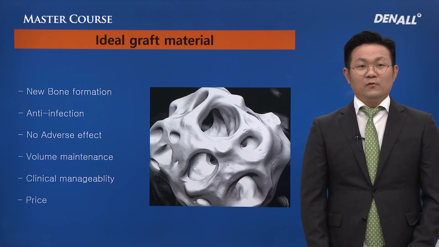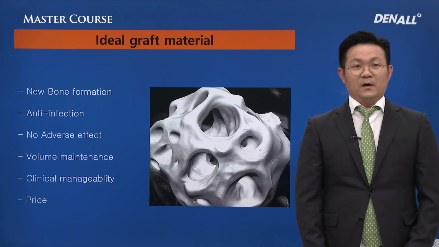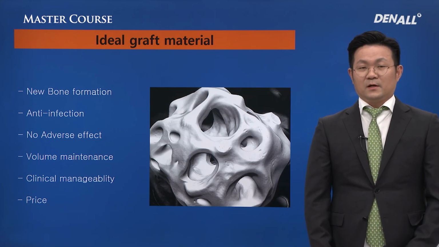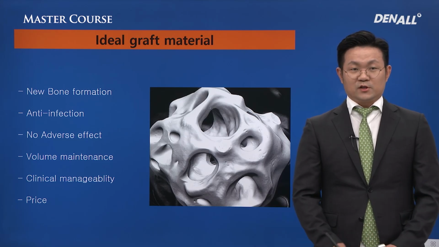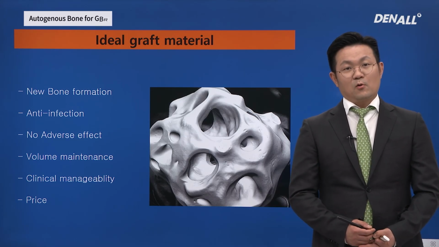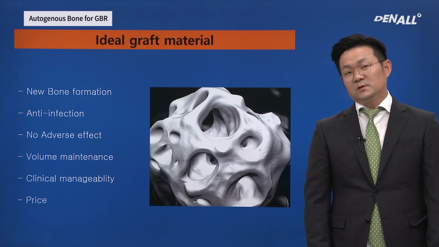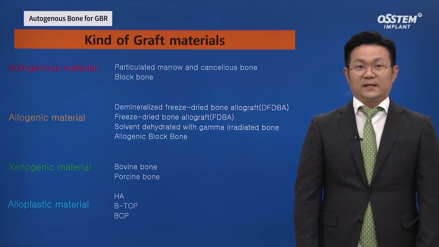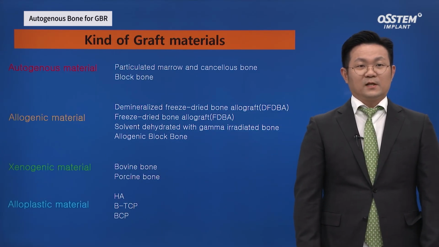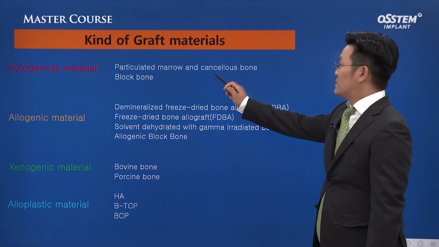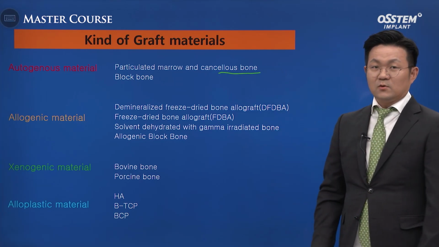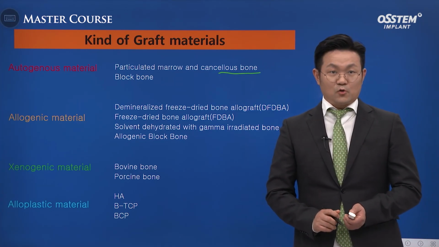Ideal bone materials should meet the conditions of new bone formation, anti-infection, no adverse effects, volume maintenance, clinical manageability, and good prices. There are many different types of materials. Autogenous bone materials include particulated marrow and cancellous bone, or block bone.